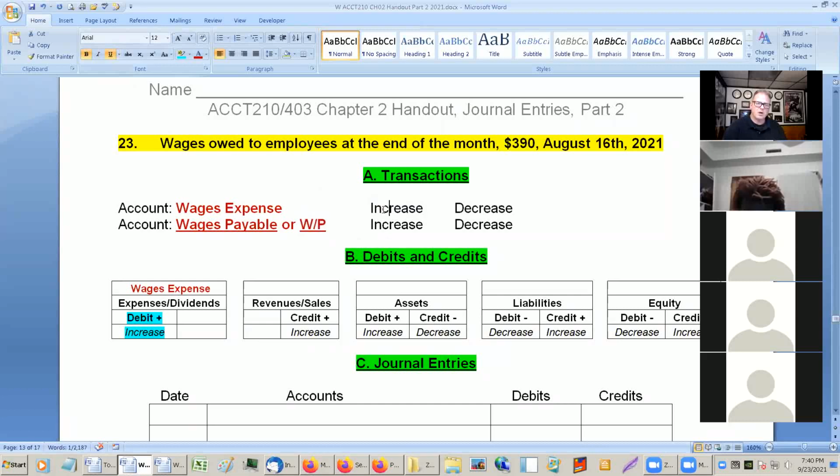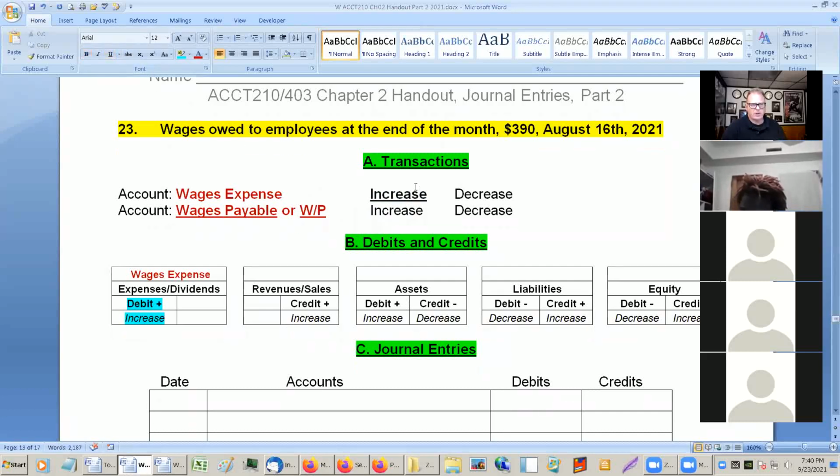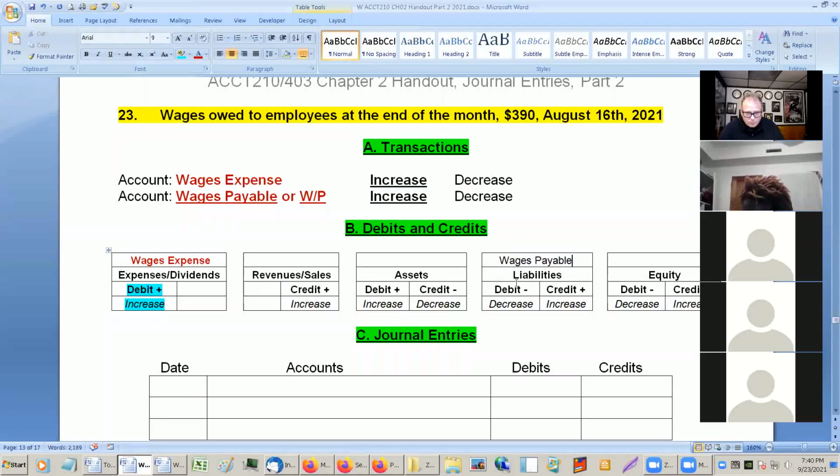Okay, so wage expense, they're always increasing as time goes on. Wage payable, will it increase or go down? Increase with credit. Yeah, we owe more. So this is a liability. Hey, look, I spelled it correctly.